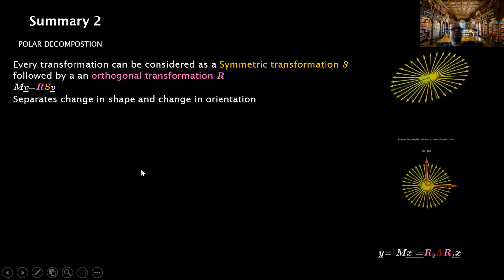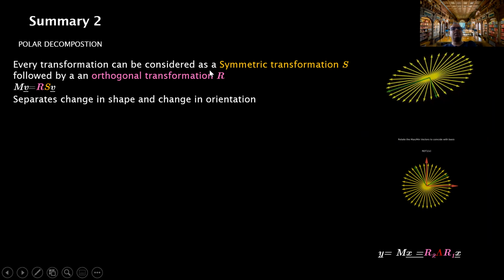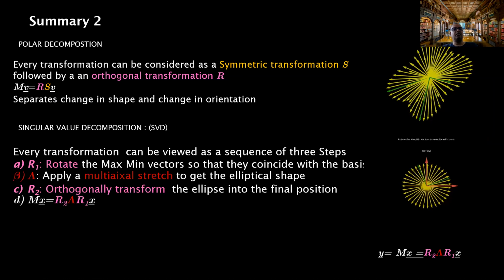Polar decomposition. Every transformation can be considered as a symmetric transformation S followed by an orthogonal transformation R. So notice, symmetric transformation S followed by orthogonal transformation R. It will separate change in shape and change in orientation. You can dig deeper and you will get singular value decomposition.